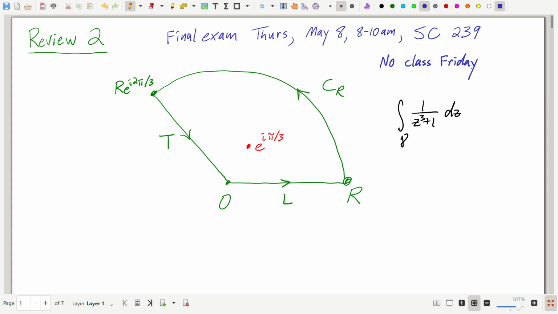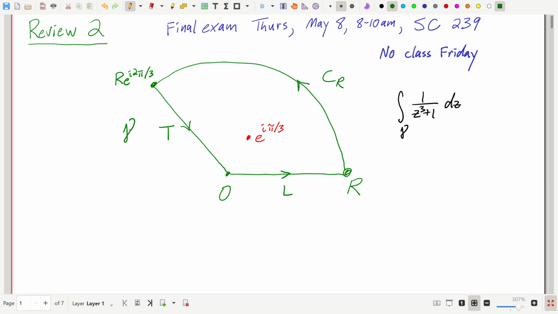Let's see, I wanted to mention an important skill in these residue problems. The one I talked about last time, I showed you the integral along the t part is related to the integral we want. We're trying to calculate the integral from 0 to infinity of 1 over x cubed plus 1 dx.